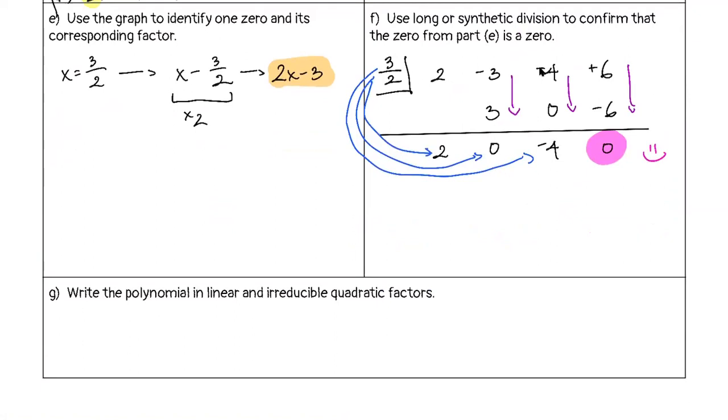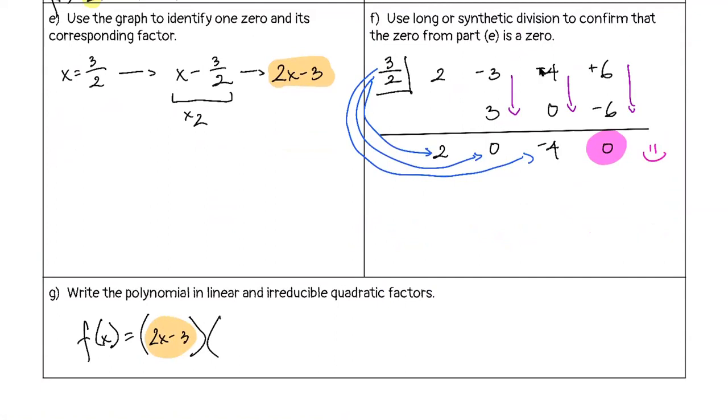Okay. So if we write our polynomial right now as the factors, we have one linear factor from the 0 that we guessed. And then in this case, we have a quadratic factor that goes with it.